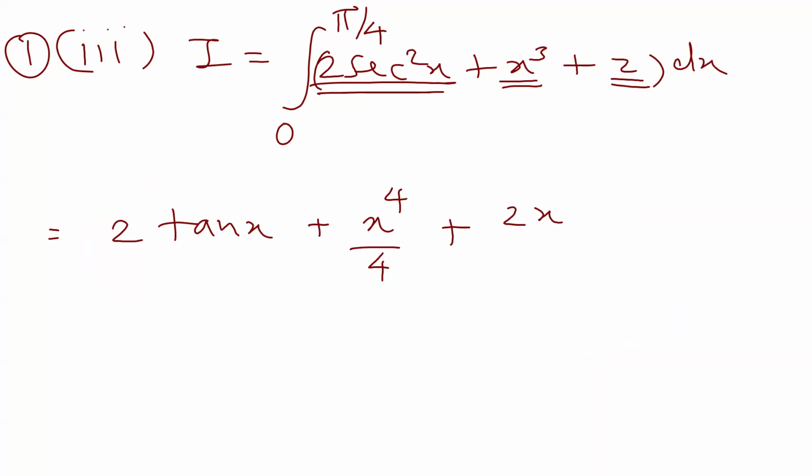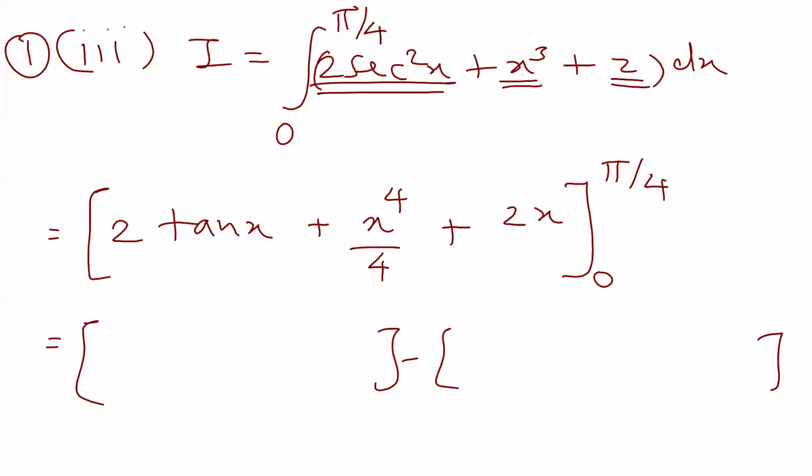So box 0 to pi by 4. 0 is the lower limit. Pi by 4 is the upper limit. There is no plus c in definite integrals. Now this is going to be box minus box.